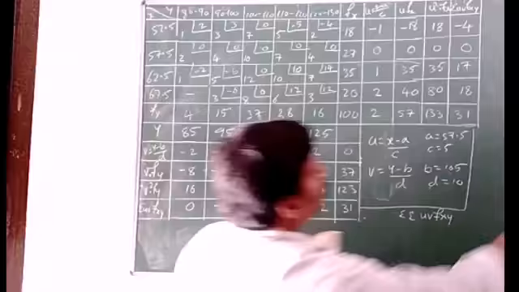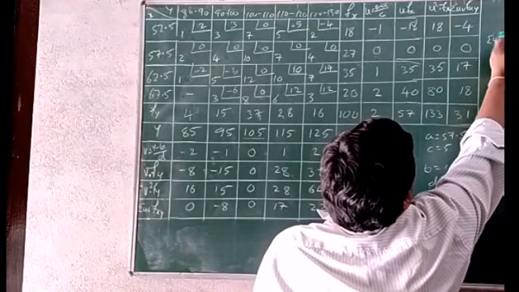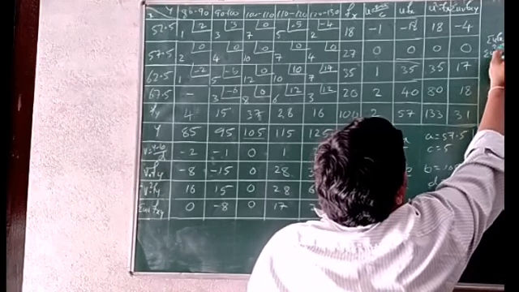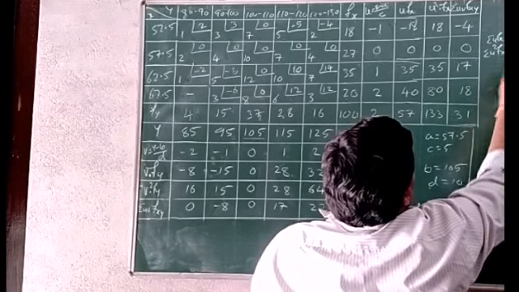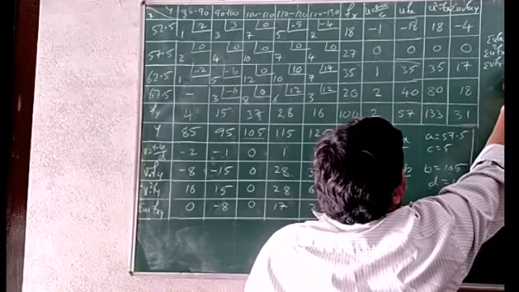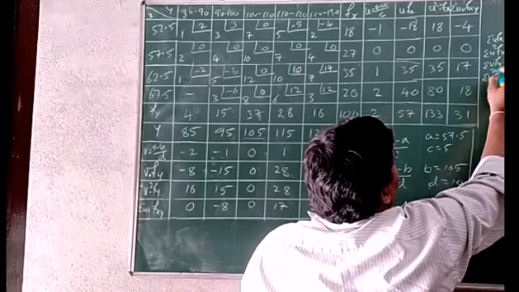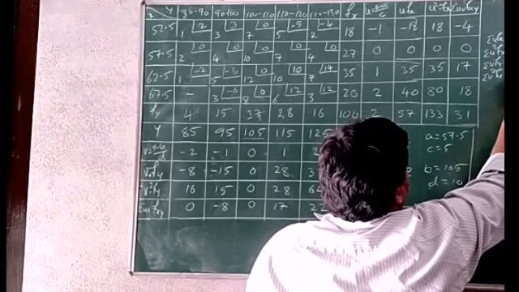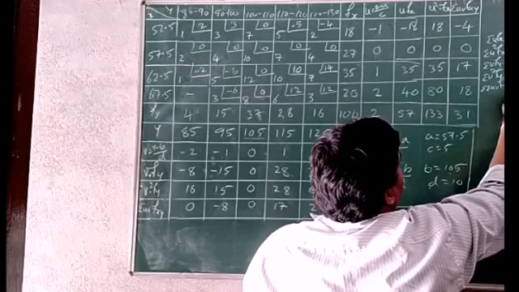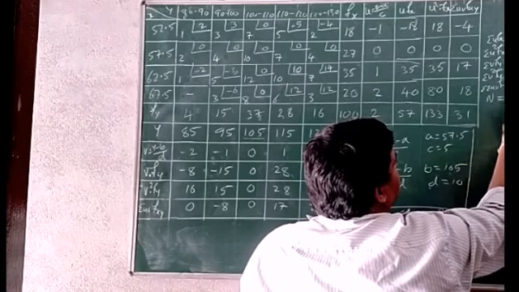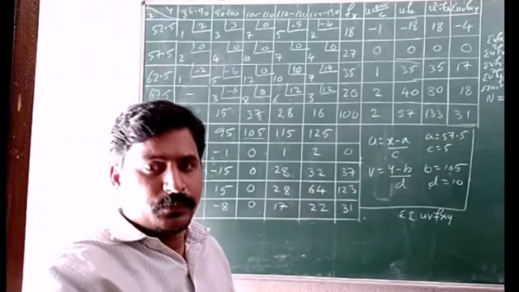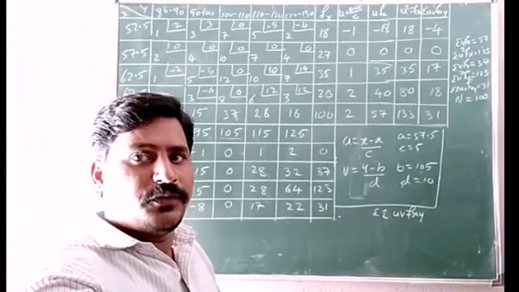First, summation ufx, that is 57, summation u square fx 133, summation vfy, that is 37, summation v square fy, that is 123, and summation of summation uvfxy, that is 31, and N, capital N, that is the total of the frequency column, is 100. Okay, so this is one part of the calculation.